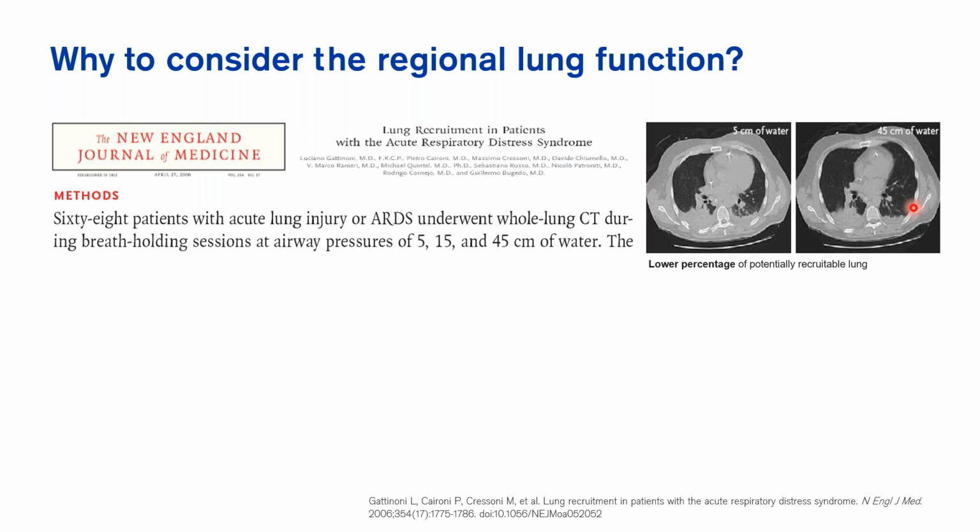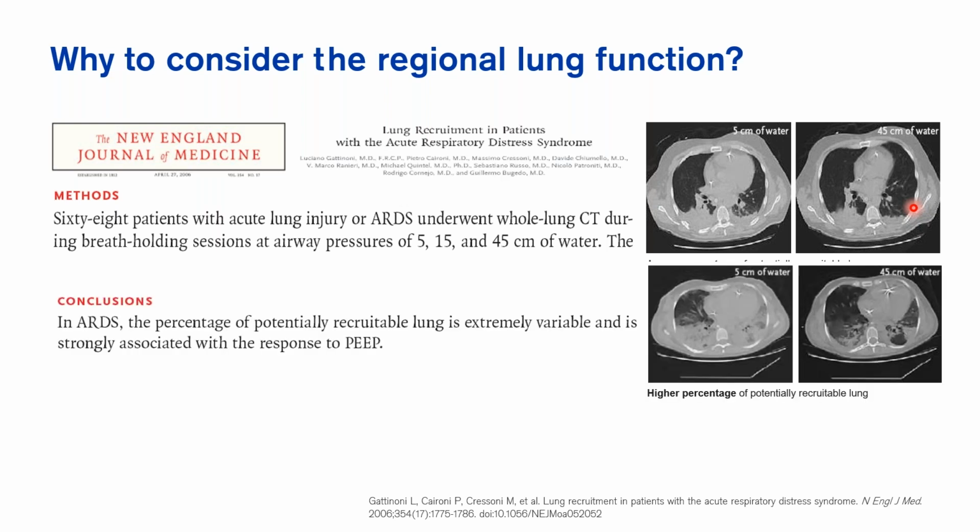And what they discovered is that in patients with ARDS, the percentage of potentially recruitable lung is extremely variable, and it is strongly associated with the response to PEEP. So that's when the conversation started about responders and non-responders to PEEP and recruitment maneuvers.